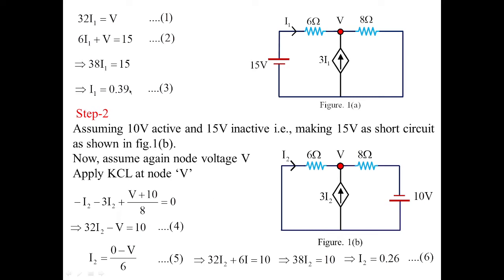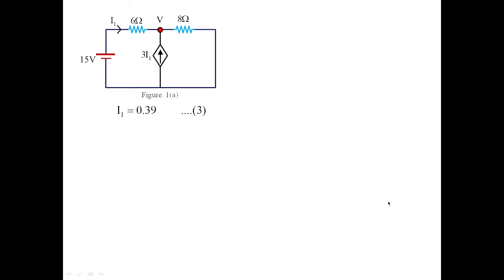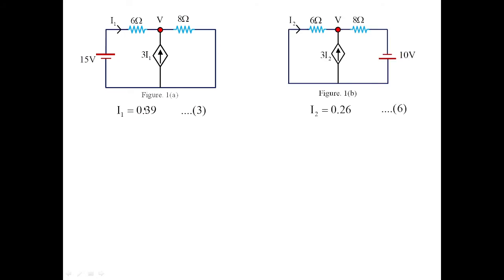Now you can see the two individual results, obtained when 15 volts was active and 10 volts was active respectively. I1 was 0.39, I2 is 0.26.